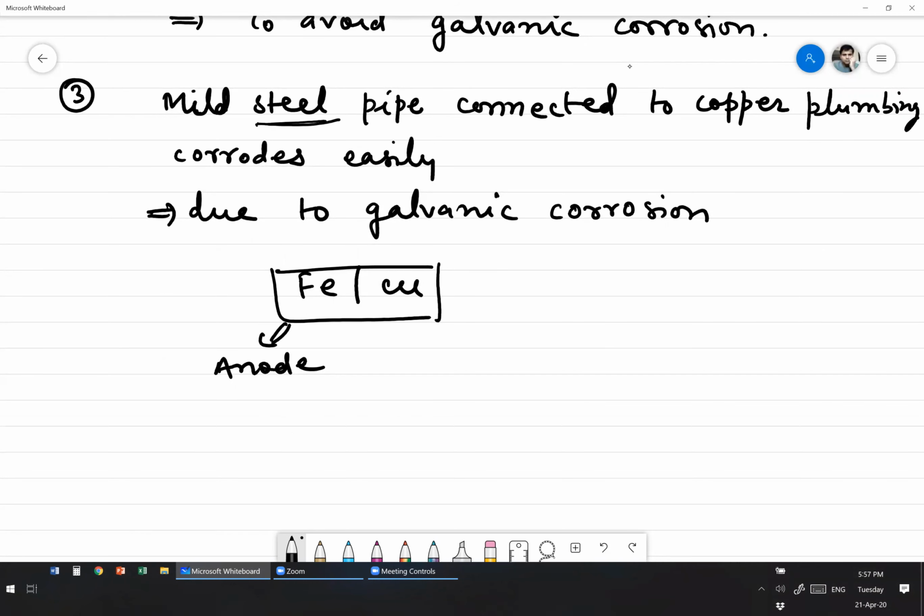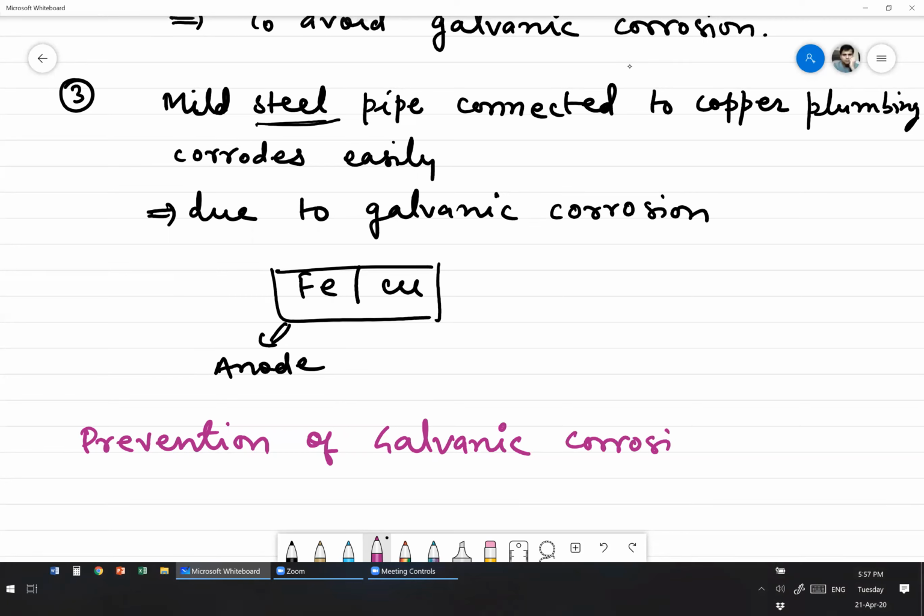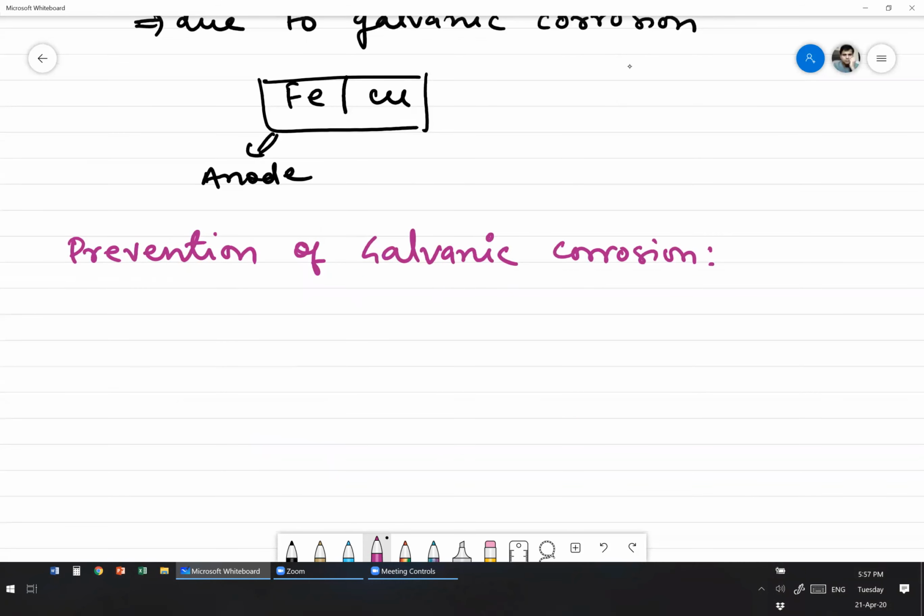So I think these examples are enough to explain galvanic corrosion. Now, how can we prevent galvanic corrosion? As we have already discussed, the main cause of galvanic corrosion is that two dissimilar metals are in contact and they are exposed to moisture or any other electrolyte.